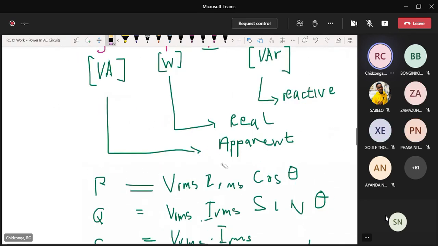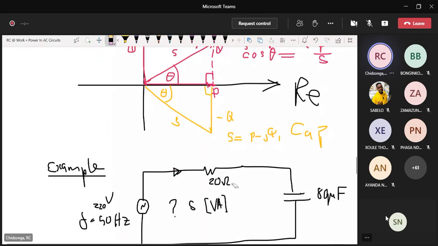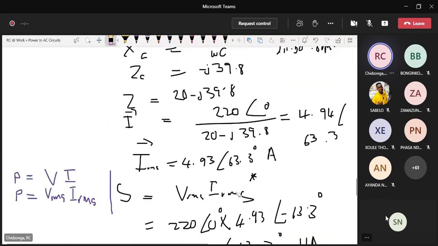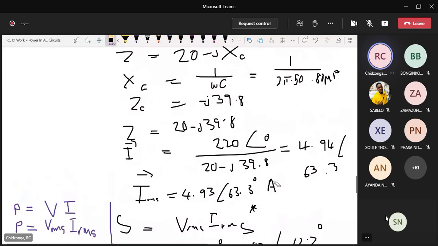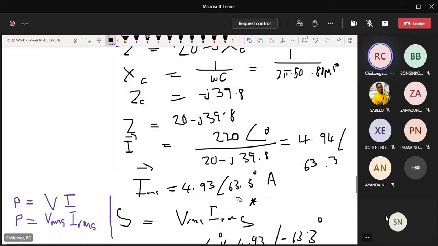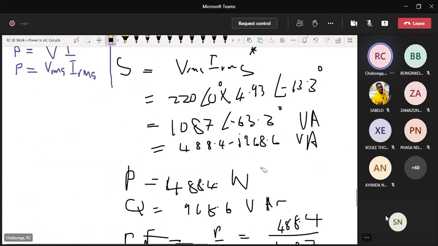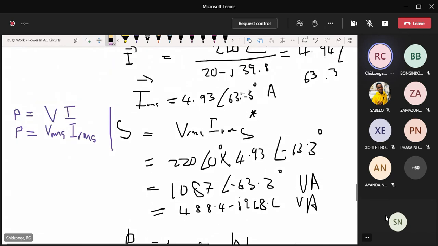It is on this basis that I come to this example. Now look, the current is this. And because the current is that, I'll end up with this expression for the apparent power S. I take the conjugate of the current. It is leading here. The conjugate gives me a negative.